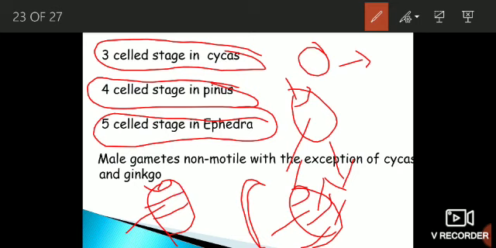One is known as body cell and the second one is known as stalk cell. And this body cell divides and forms 2 sperms, or male gametes. And remember, in cycas the male gametes are motile, they are flagellated. Remember, cycas and Ginkgo are the 2 species among gymnosperms in which the male gametes are motile.